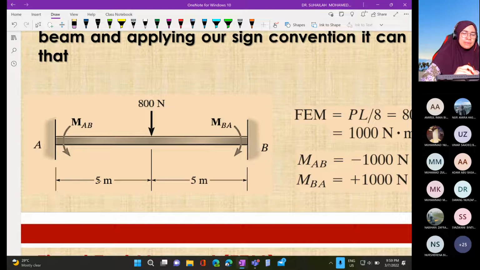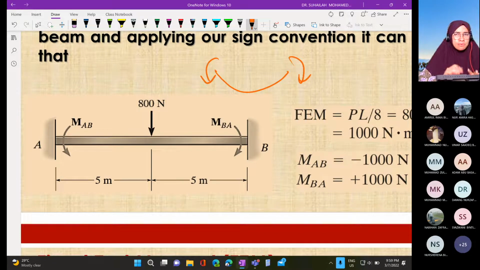So look at the bending occur, the deflection occur due to loading, and then moment is always counter back, so that it will move back to its original position.